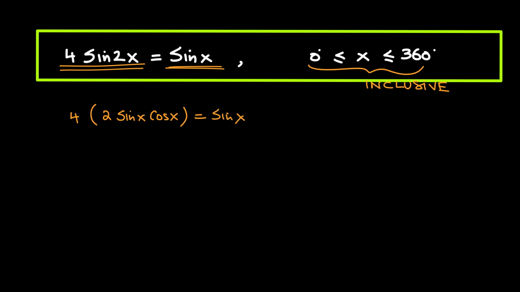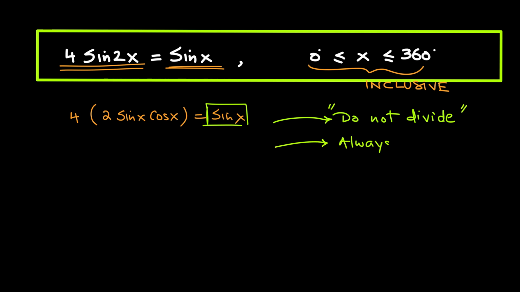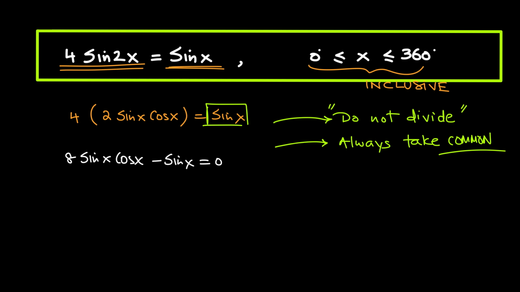Second, most important thing is do not divide. Whenever there is a possibility of taking common, do not divide. Always take common wherever there is a possibility. So therefore we have 8 sine x cosine x minus sine x equals 0.